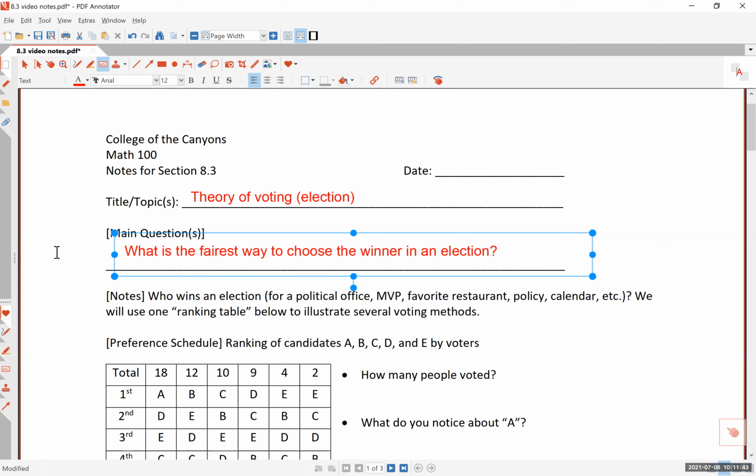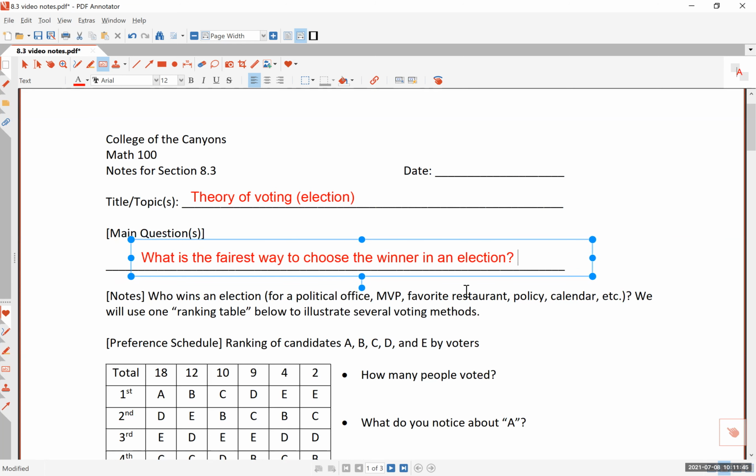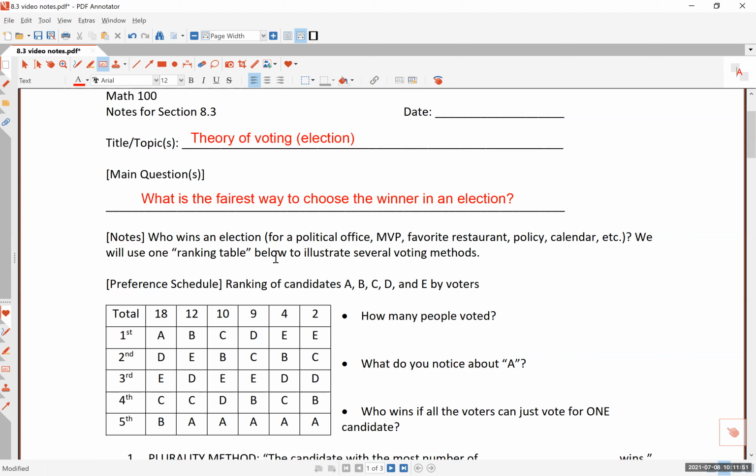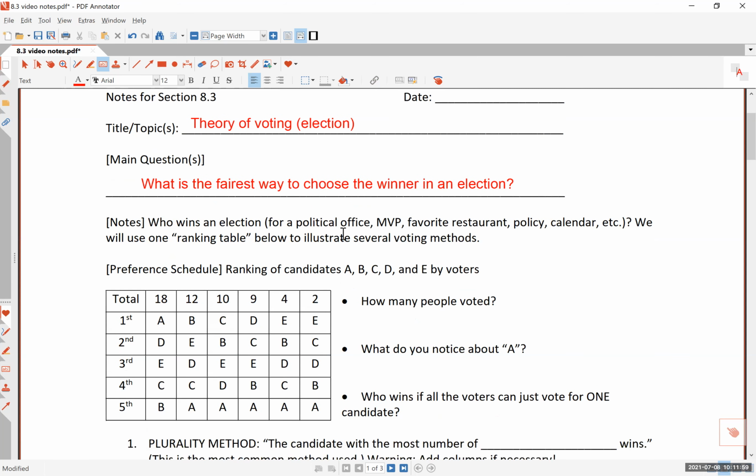We're going to talk about at least four, maybe a couple more different methods of choosing the winner in an election. The first one we will study is the most commonly practiced one in the United States and in other places. But other methods are also gaining popularity these days, so we are going to learn about these as well.